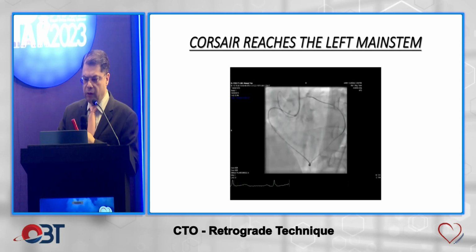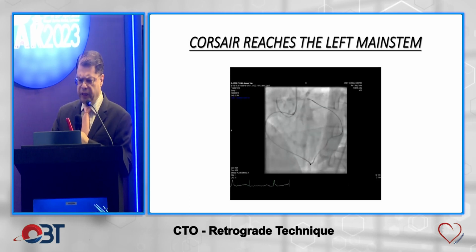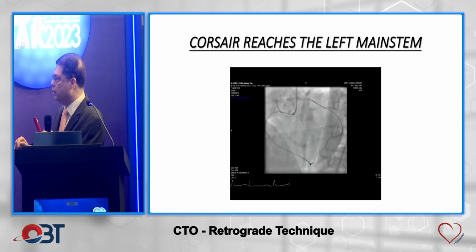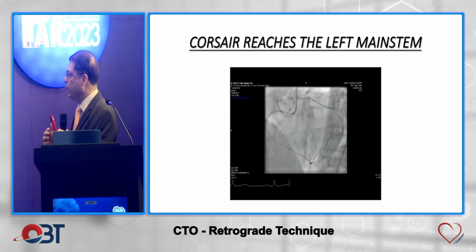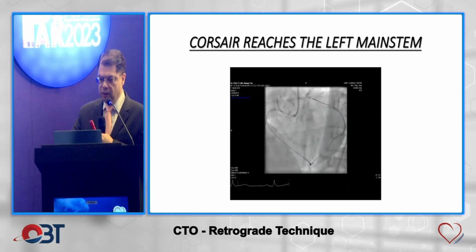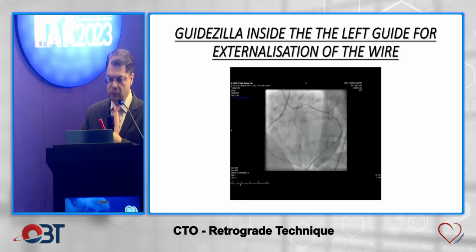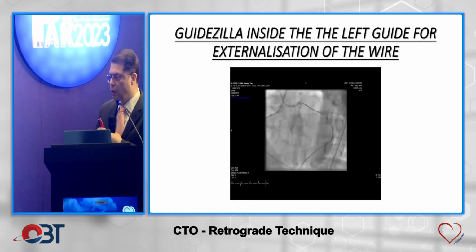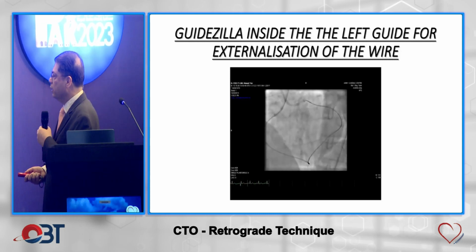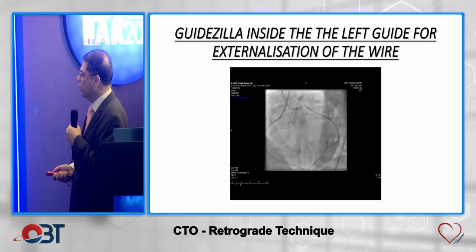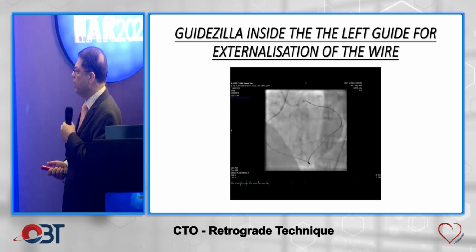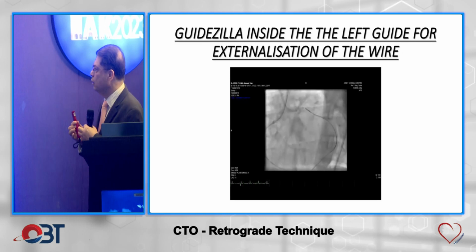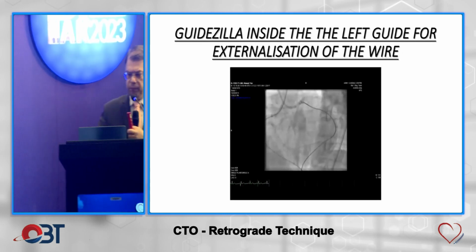So now the next step is to put the guide wire in the guiding catheter. And we had great difficulty in doing that. Then we took a Guidezilla and tried to advance it into the left main, so that our wire has a bigger target to enter.